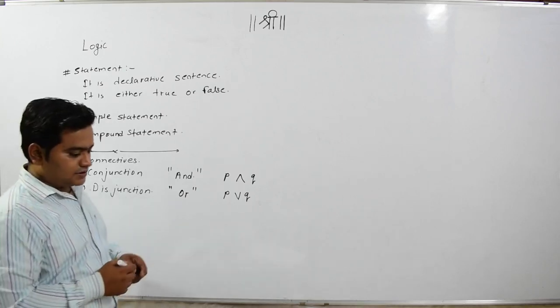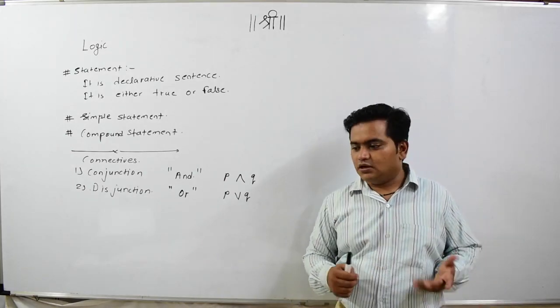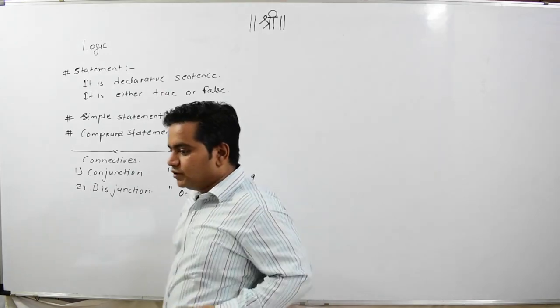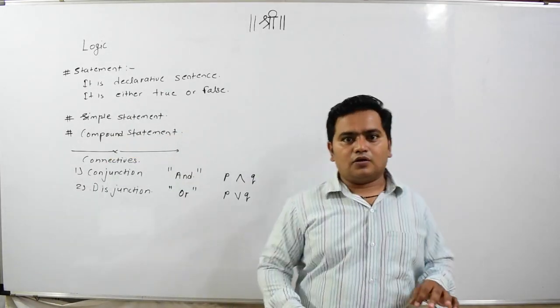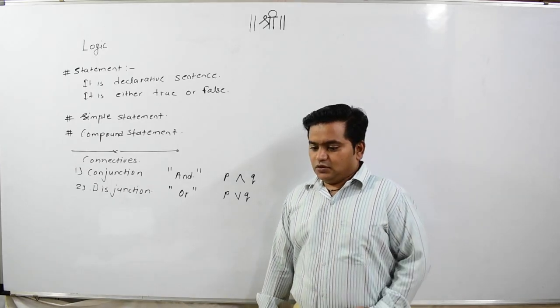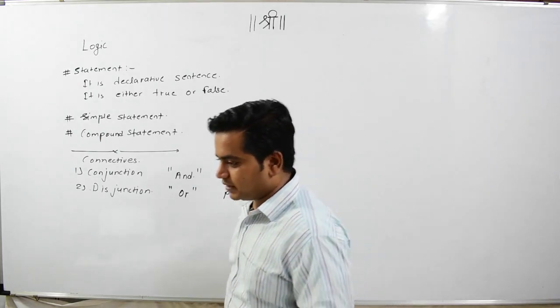Now we have statements, which can be true or false. We have two statements. The first statement is: moon is white. Moon is white or moon is black.